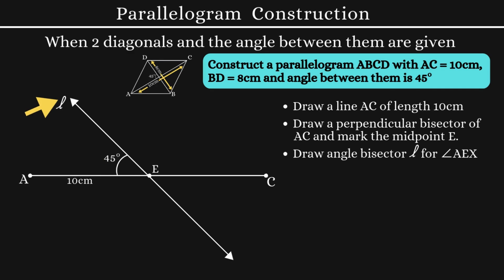Next, we know that the diagonal BD is 8 centimeters and the point E has to be the midpoint of this diagonal as well.